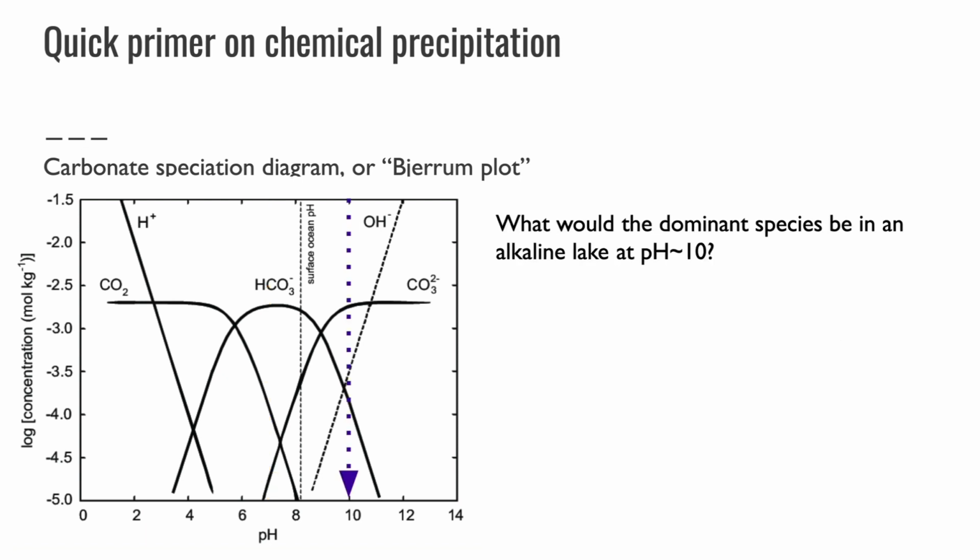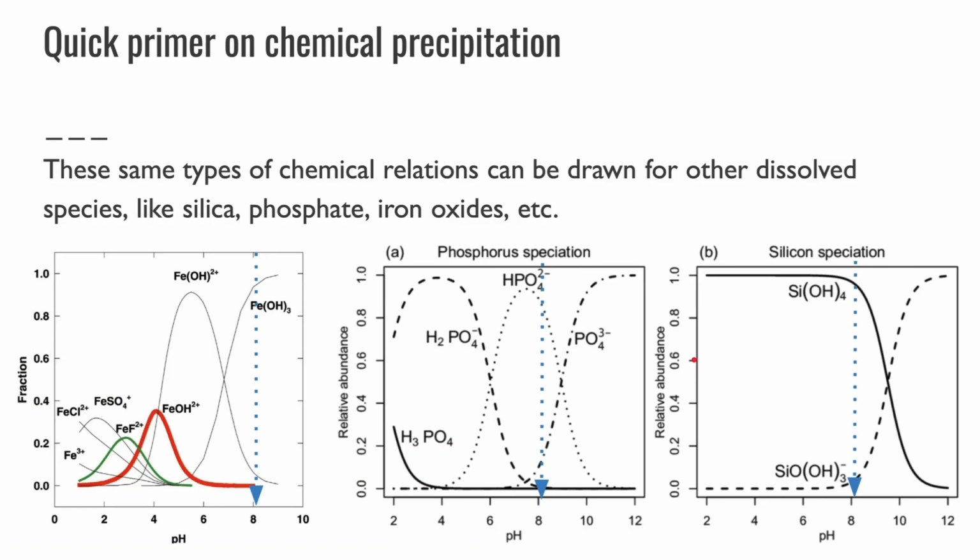Now, what would happen if we were in an alkaline lake that, say, had a pH of 10? So at that pH, your carbonate ion is going to be in greatest proportion. So you can do these same sort of exercises with similar plots for different dissolved species.